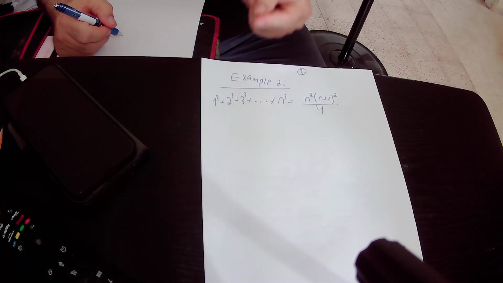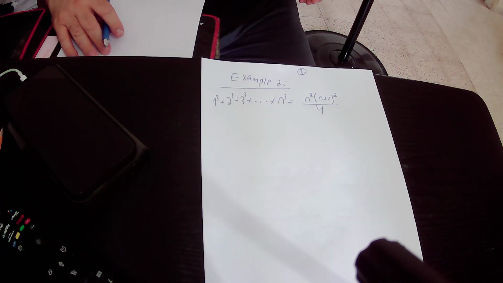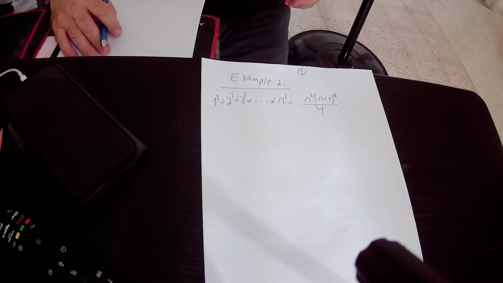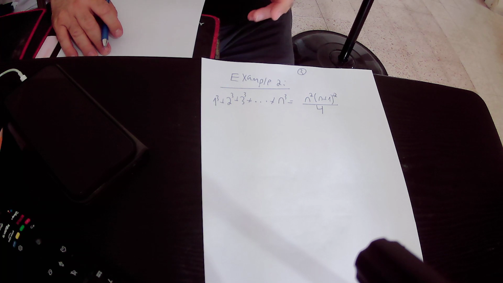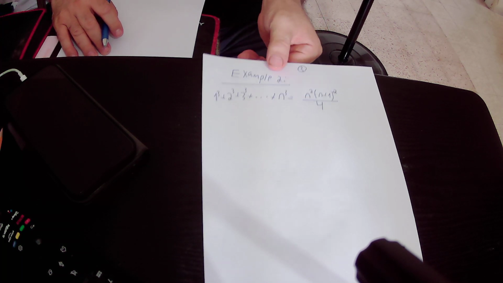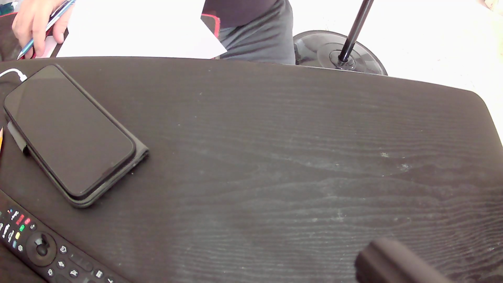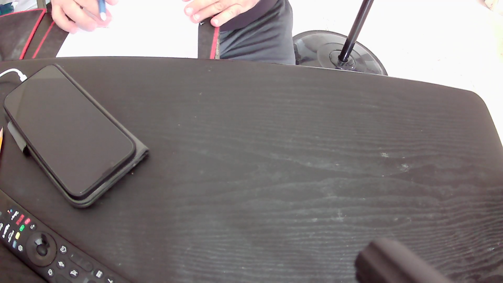Okay, so we will start with the first step, and we will prove that this statement is true for n equals 1. We'll check that indeed the statement is true for n equals 1.